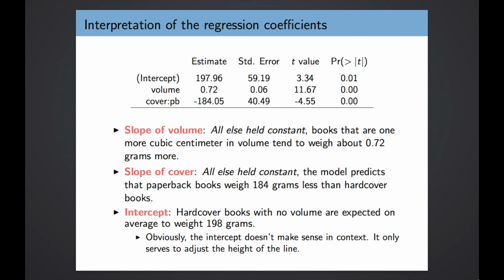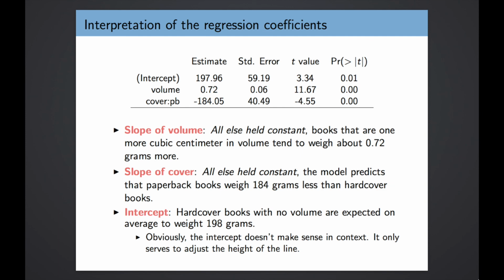When we go from hardcover to paperback, we expect a change in weight of negative 184.05 grams. Categorical variables are pretty easy to interpret in this way. When we have a dummy variable that just takes on the values 0 and 1, it tells us on average the expected difference in the outcome for those different levels of the categorical variable.